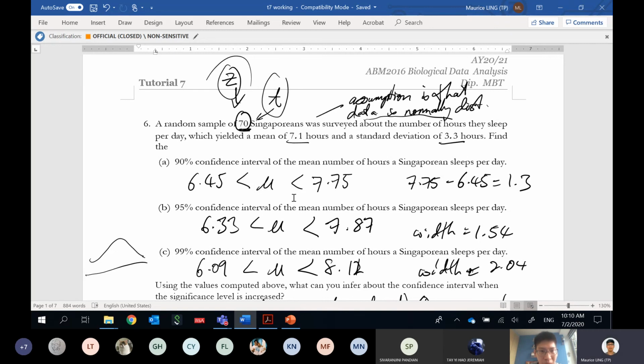Yes, you should, because at the end of the day, you are a biologist. You are not a mathematician. So don't end your question with just a number. End your question with a conclusion, a conclusion that you can write into a report. Okay, so that's important.